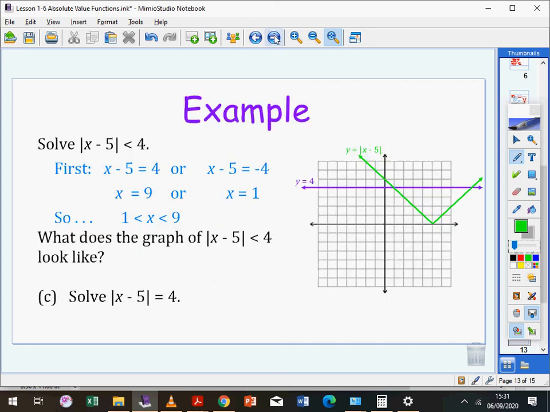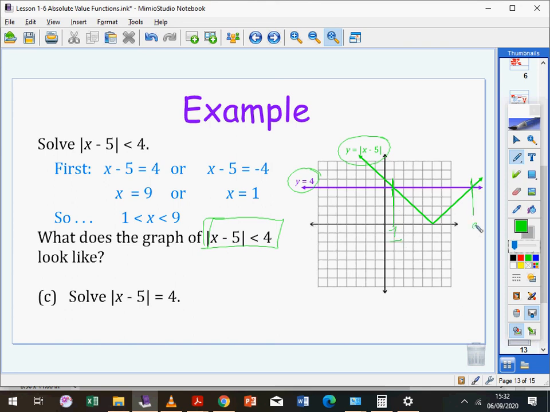Alright, so question, what does the graph of |x minus 5| less than 4 look like? What you see drawn here in this graph is two functions. One function is y equals 4, and another function is y equals |x minus 5|. If you graph them separately, you're going to see that where they intersect is still at x equals 1 and still at x equals 9.